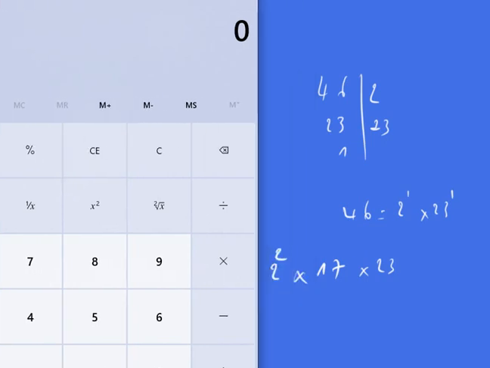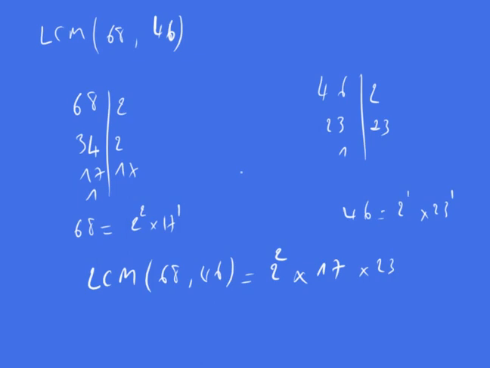So the LCM is 4 times 17 times 23 equals 1564. That's for the second question.